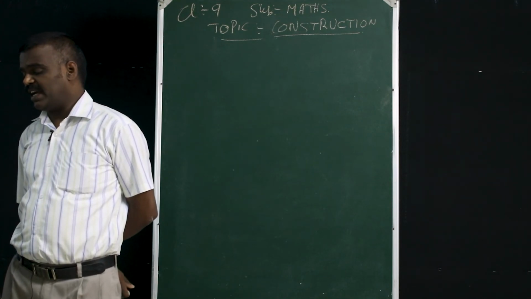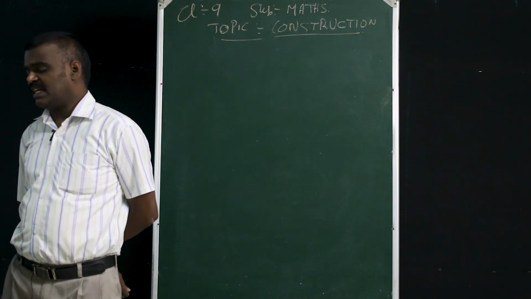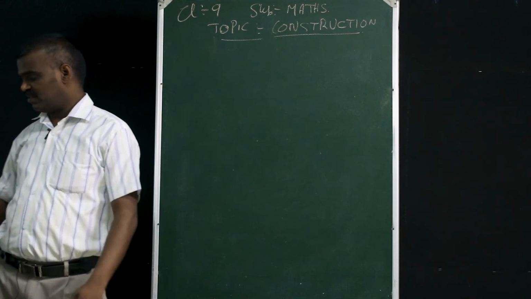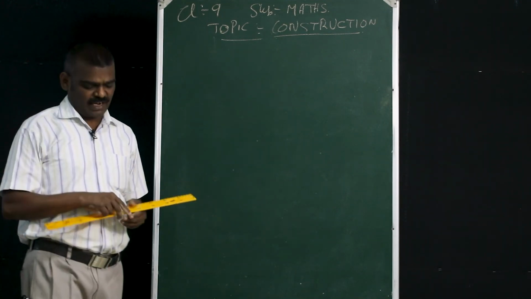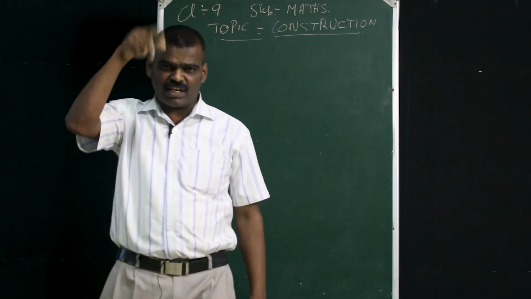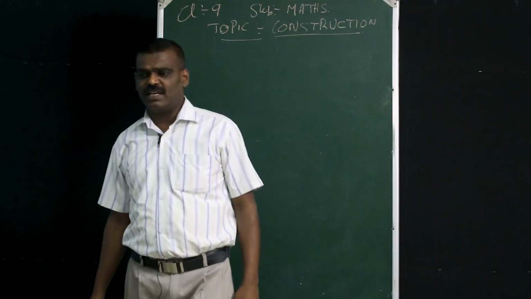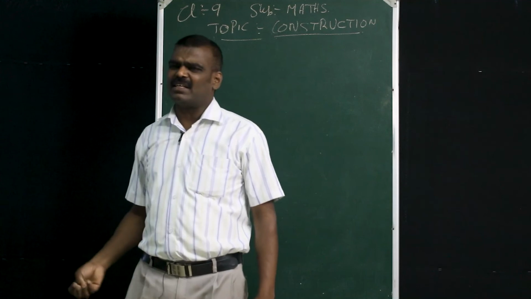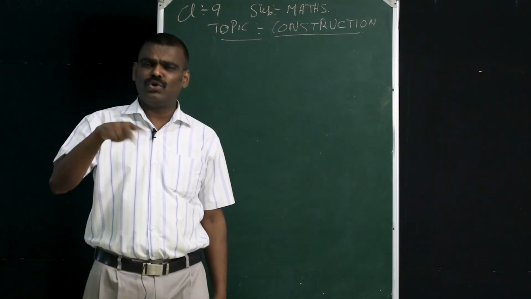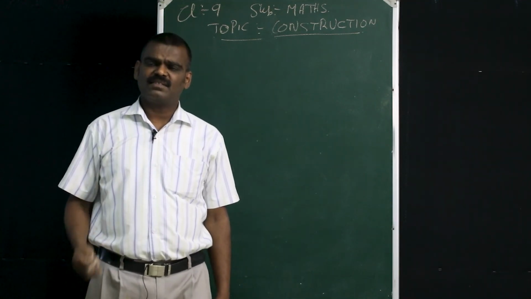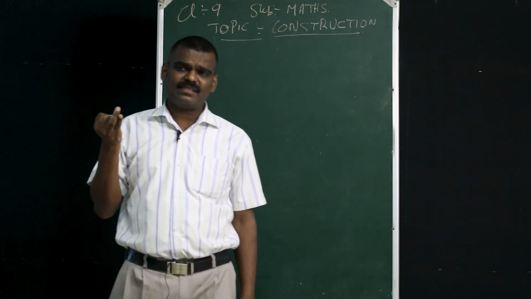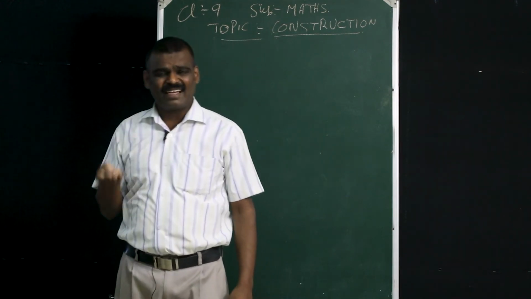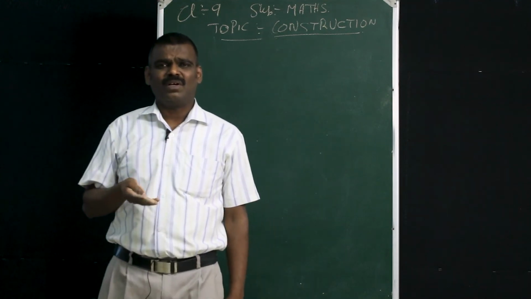Construct an equilateral triangle given its sides and justify the construction. What is an equilateral triangle? Types of triangles we already learned in the lower class, right? Can you recall quickly what types of triangles you know? Isosceles triangle, scalene triangle, equilateral triangle, right triangle.